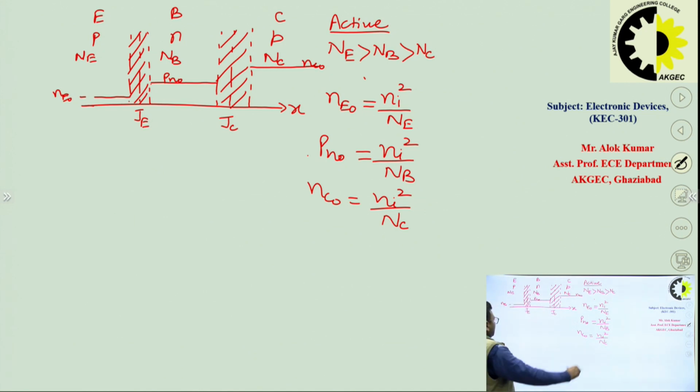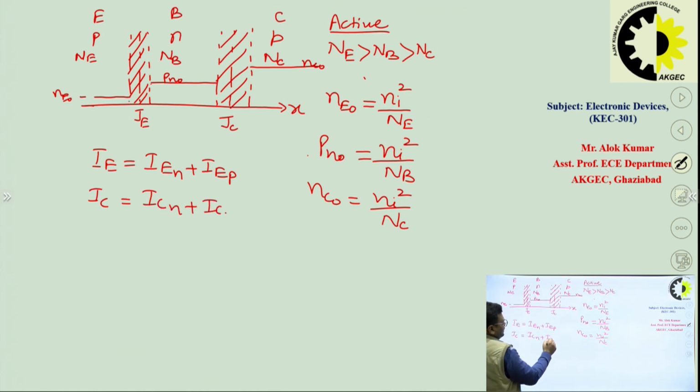We also know that the emitter current can be given as the summation of IEN plus IEP. Similarly, the collector current can be given as ICN plus ICP, and obviously the base current will be IE minus IC.